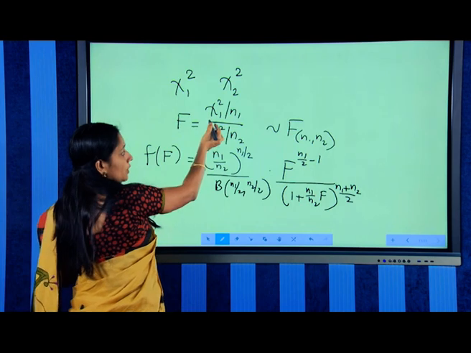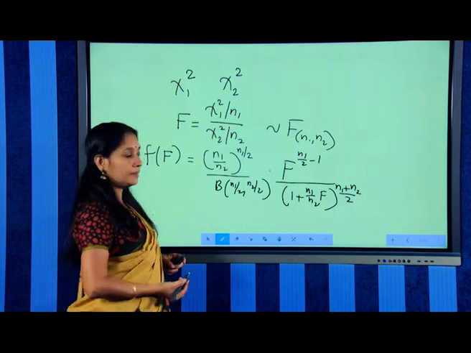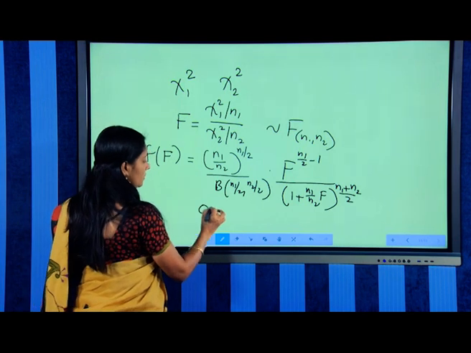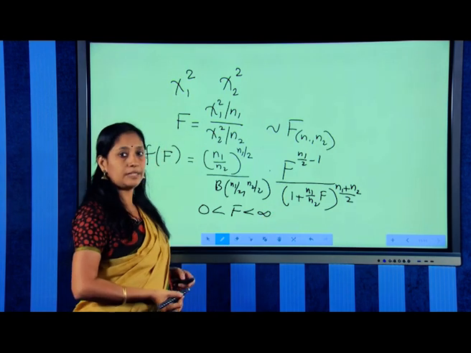Since it is the ratio of two independent chi-square variates each divided by its degrees of freedom, the range is 0 less than f less than infinity.